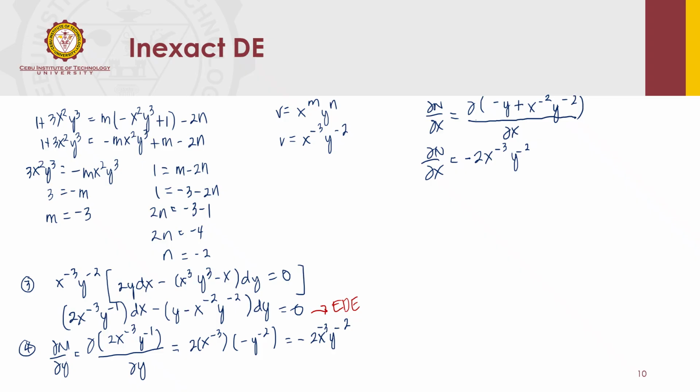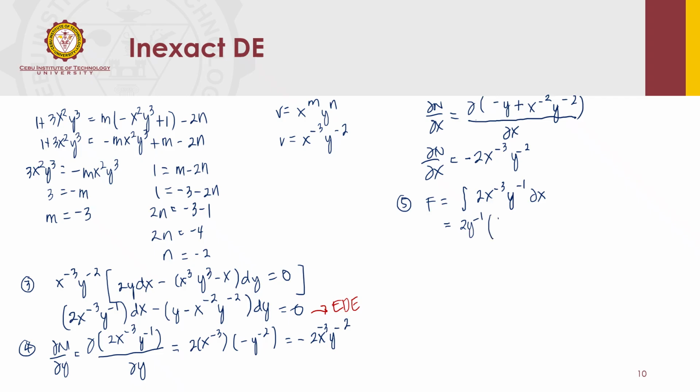That's the next step. Solve the exact PE. So let f be the integral of 2x to the negative 3, y to the negative 1. Partially integrate this with respect to x. So y is the constant times the integral of x to the negative 3.